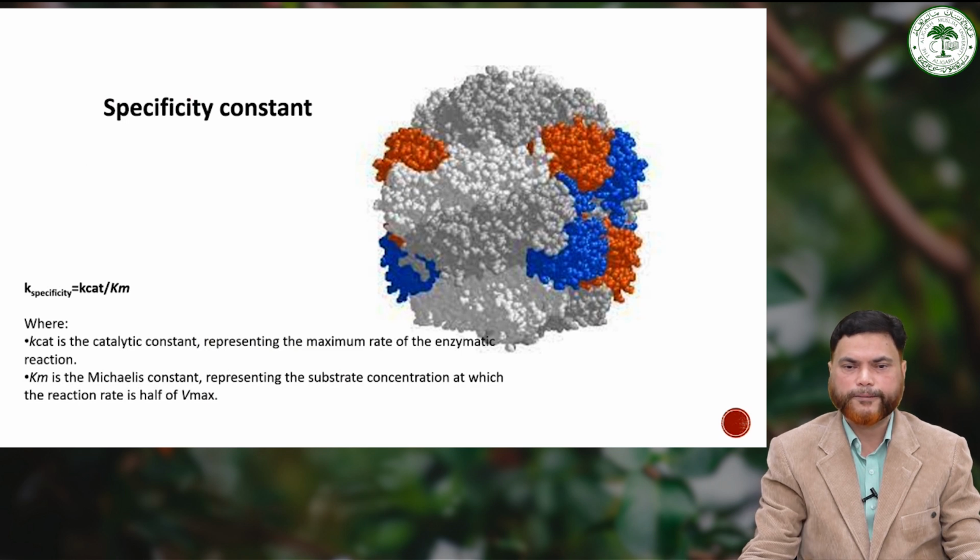You see that the specificity constant provides basically a quantitative measure of how well an enzyme performs its catalytic function relative to its affinity for the substrate.